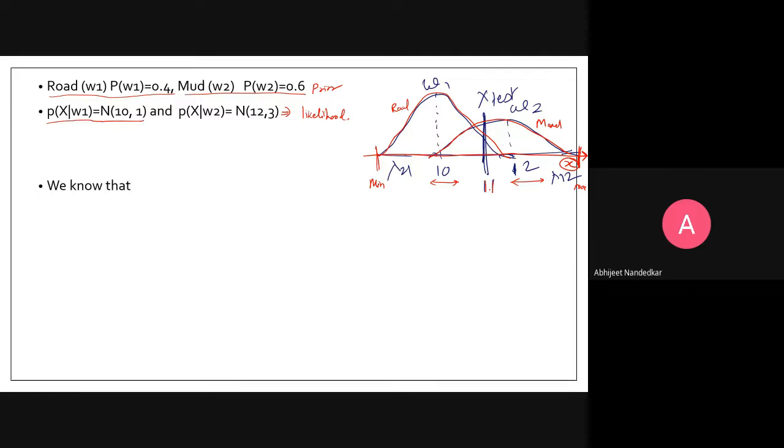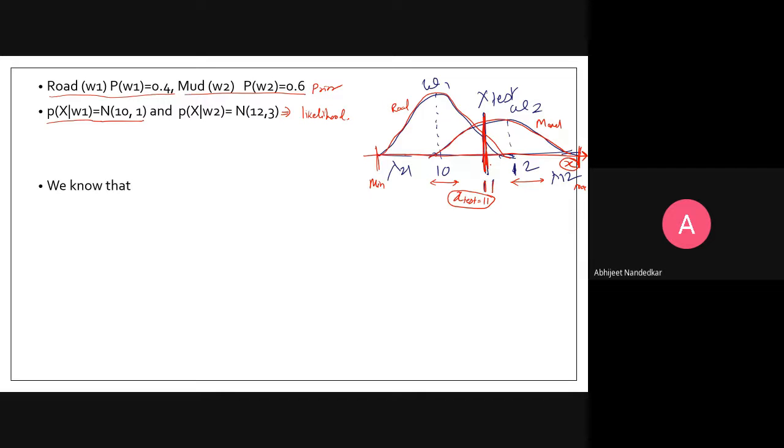Now given to me is that x test is equal to 11. So 11 is standing over here. Then I have to say whether I am standing on mud or on road. That is the question.